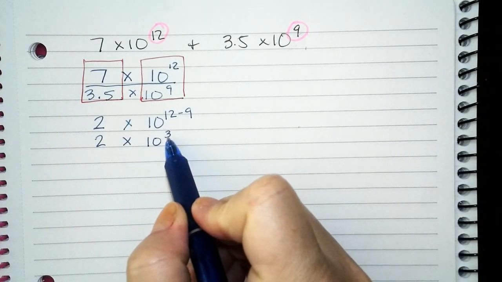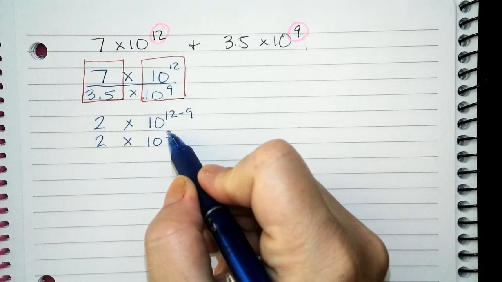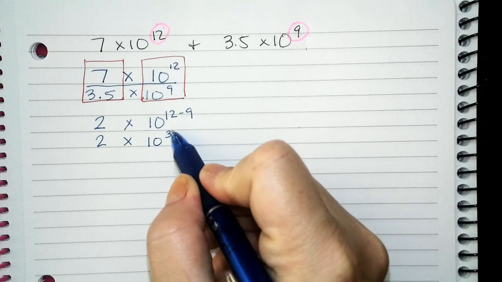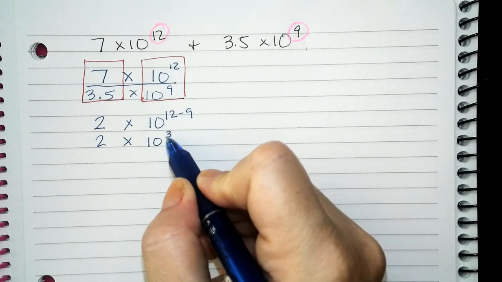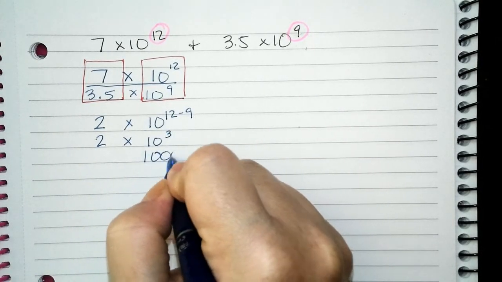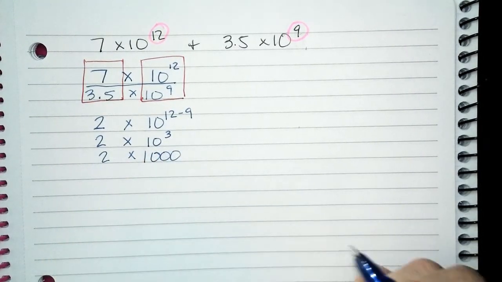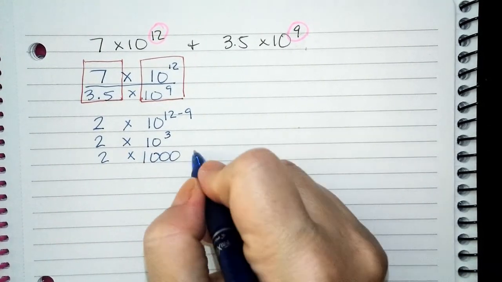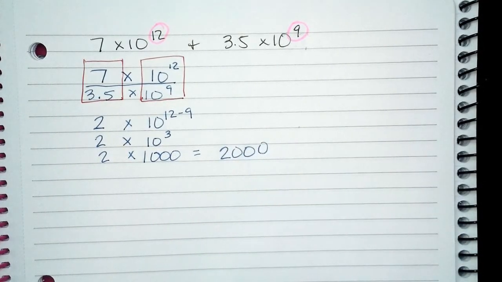So 10 to the 3rd power would be 10 times 10 times 10. A quick trick, which only works with powers of 10: the number 3 means that's how many zeros you would have. So 10 cubed is 1,000. So 2 times 1,000 would be not 200, but 2,000.